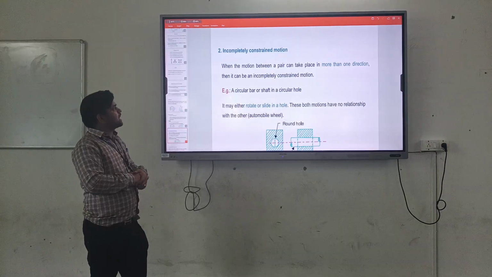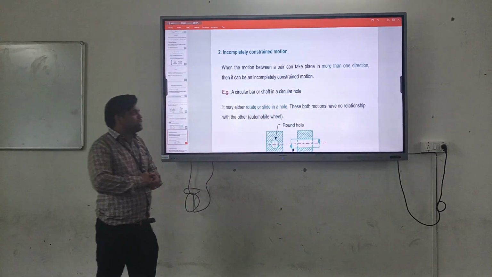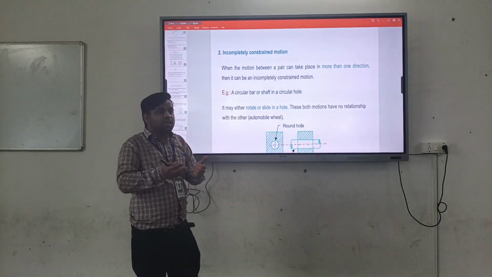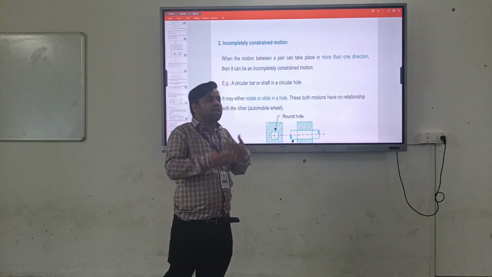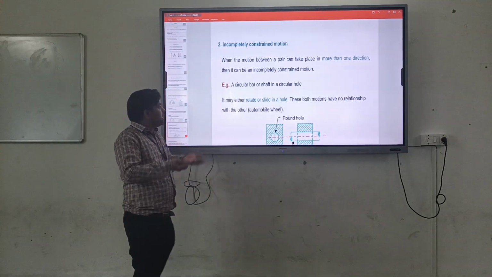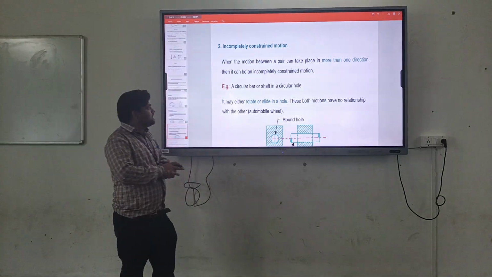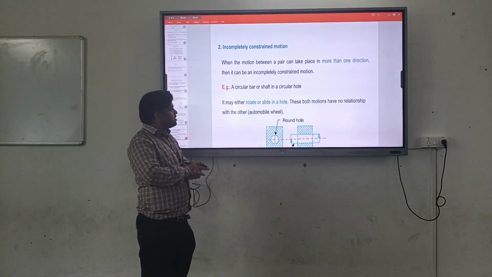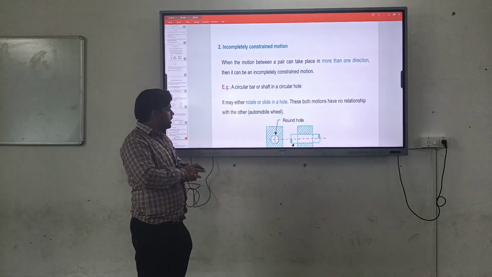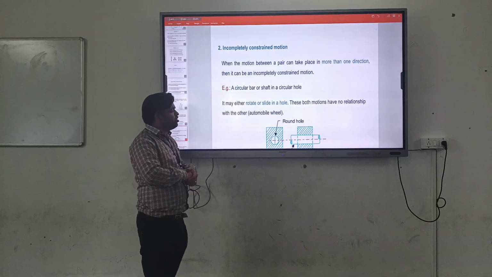Another one is the incompletely constrained motion, when the motion between a pair takes place in more than one direction. This means the motion can be in more than one direction, not a different direction. These are called incompletely constrained motion. Example, a circular bar or shaft in a circular hole. It may rotate or slide.